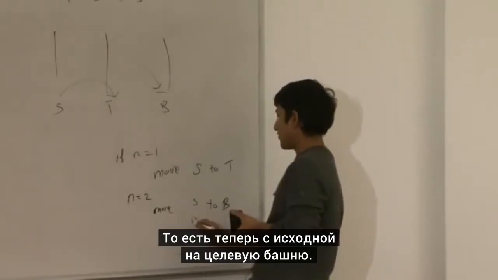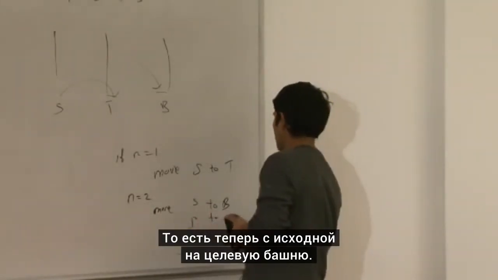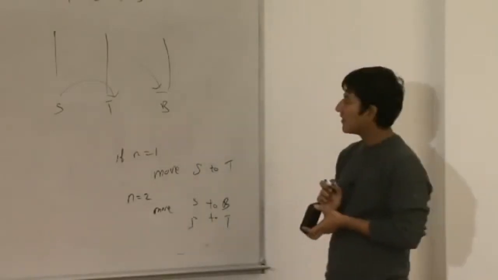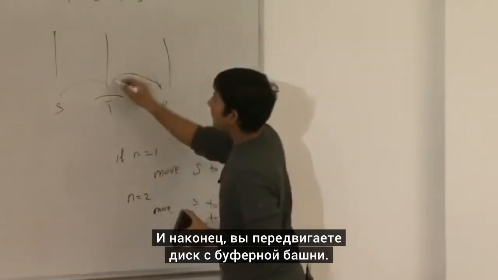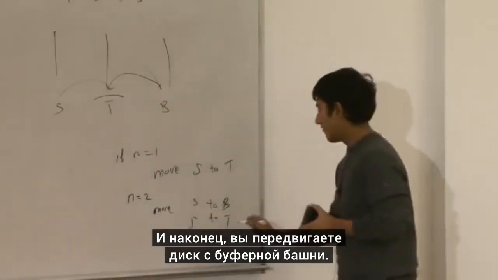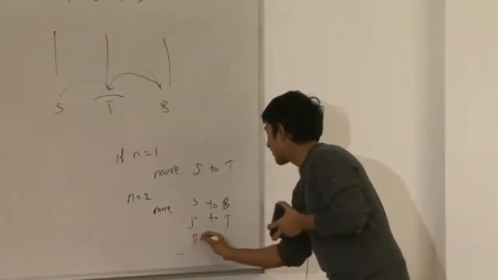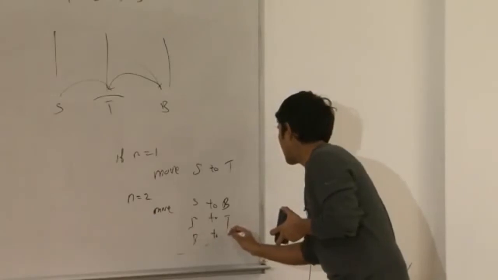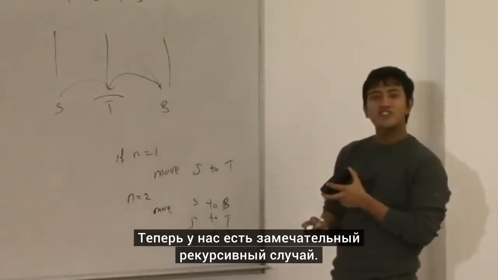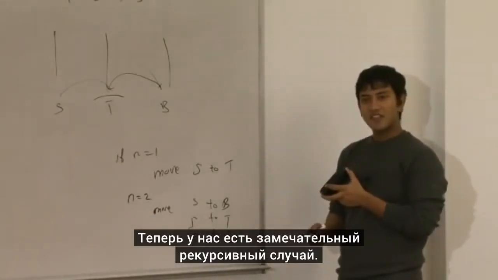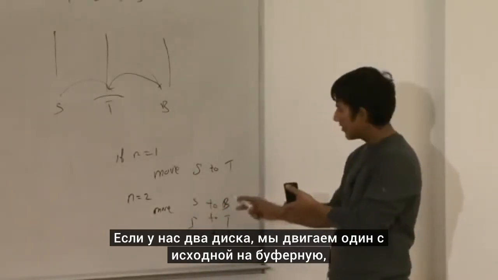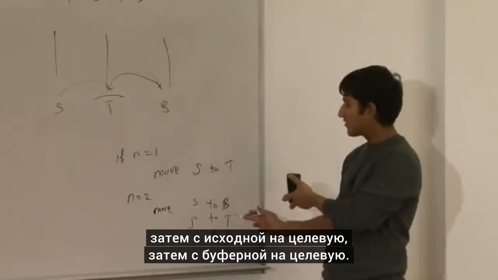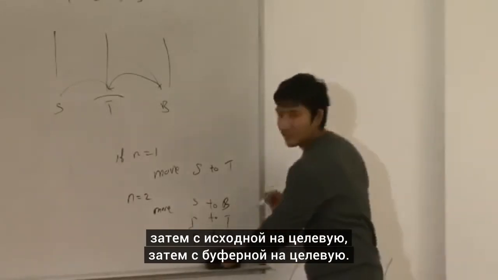So now it's source to target. And finally, you move it from the buffer. Right? Now we have a very nice recursive case. If you have 2, we move from source to buffer, then source to target, then from buffer to target.